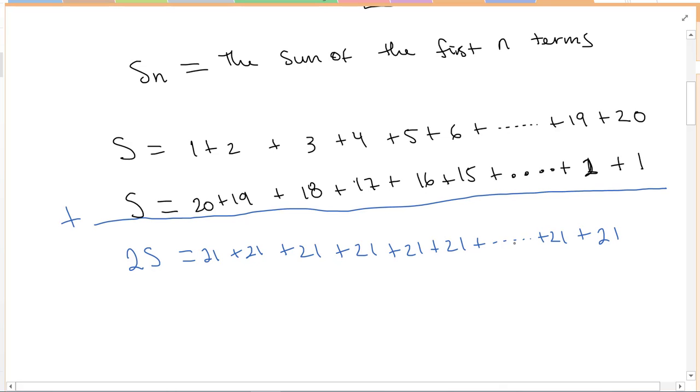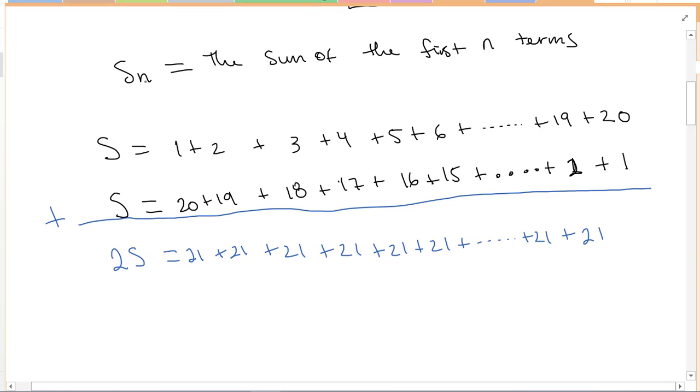So my question is, how many terms do I have here? Well, I started with 1 and ended at 20, so we have 20 terms. That means 2S is equal to, I'm adding 21 20 times, so it's 20 times 21.